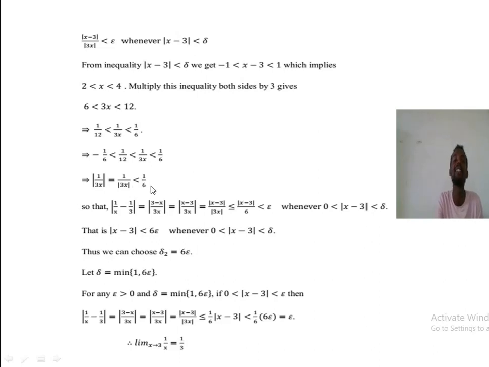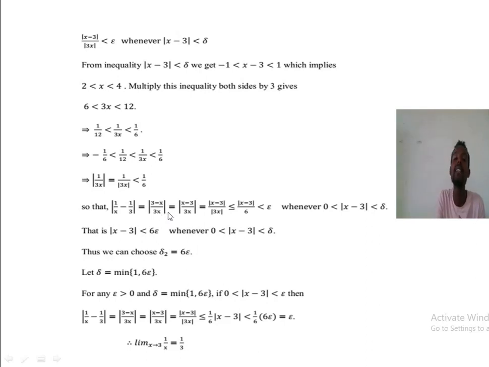So in the above term, 1 over the absolute value of 3x should be replaced by 1 over 6, so that the absolute value of 1 over x minus 1 over 3 is equal to the absolute value of 3 minus x over 3 times x.